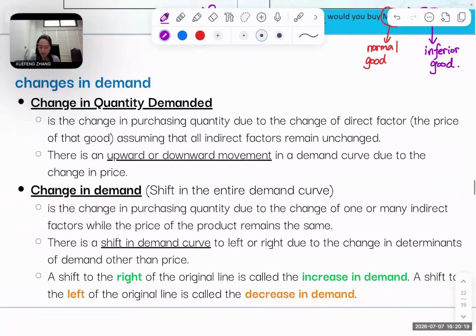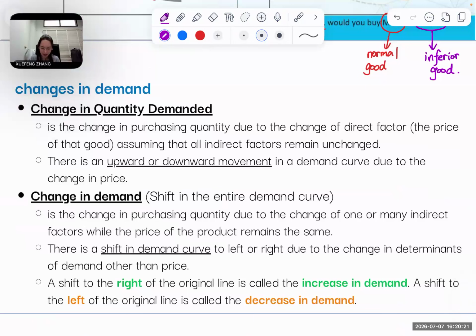Okay, here is the summary that I mentioned before. Same idea, just adding the vocabulary you need to use in exams. First one, change in quantity demanded, is the change in purchasing quantity due to the change of a direct factor, which is the price of that good, and we assume that all indirect factors remain unchanged.